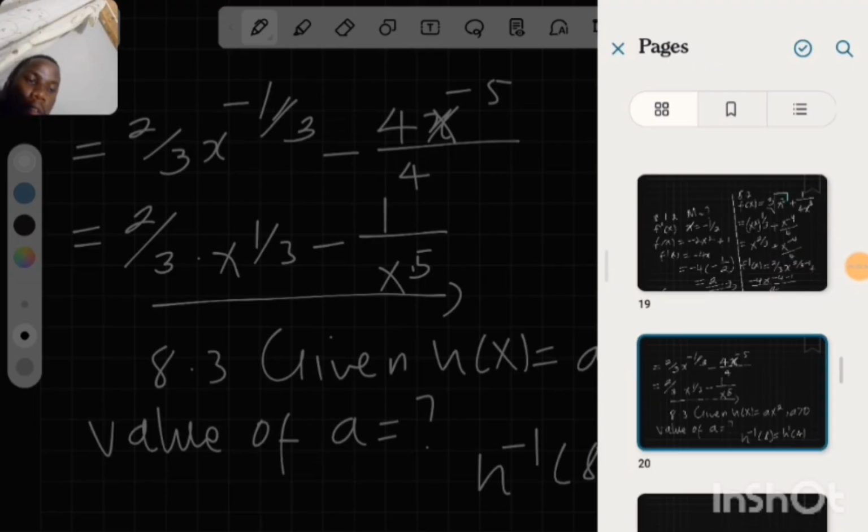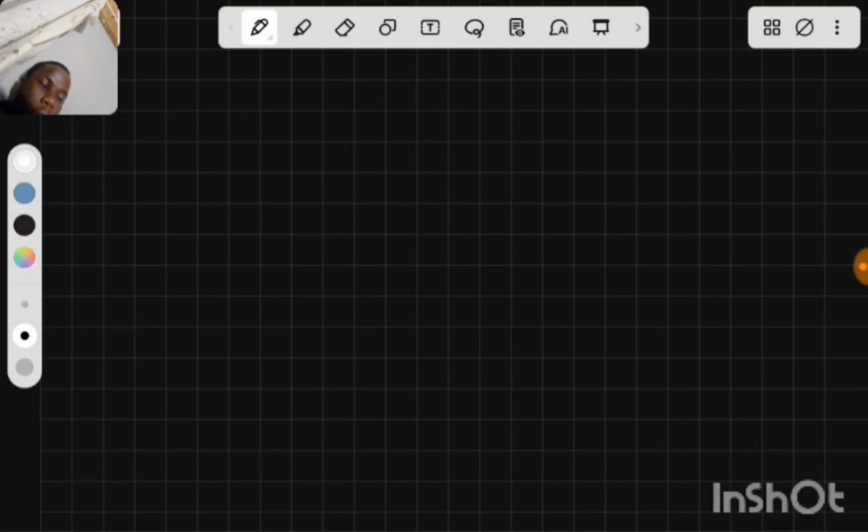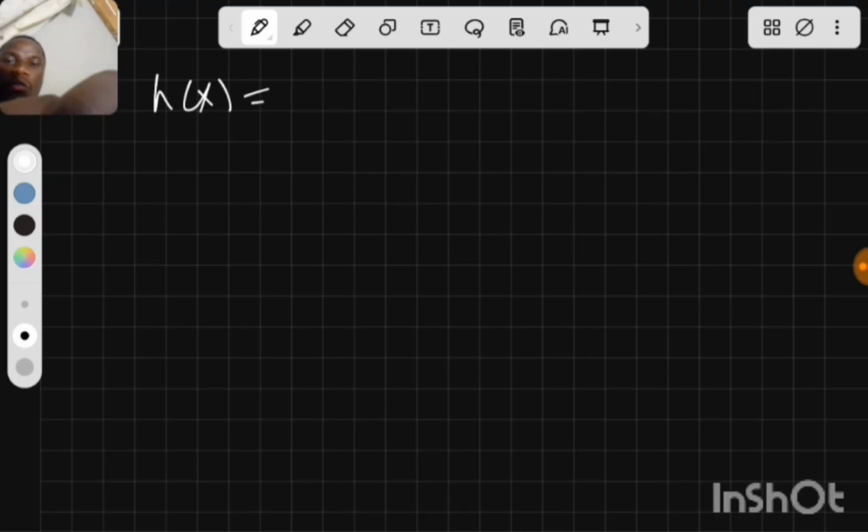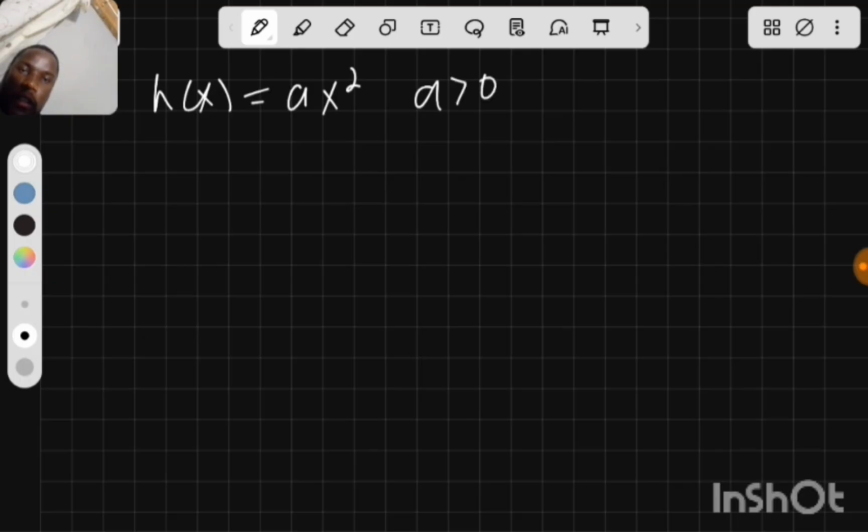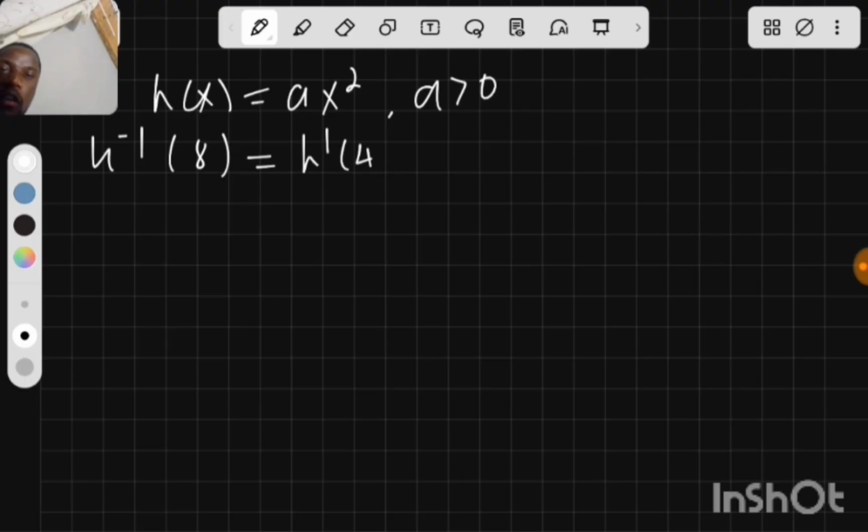In this kind of question, you must always check what you are given. Already we have h of x, which is equal to ax squared, where a is greater than 0. But they said the inverse of the graph, which is called h inverse.